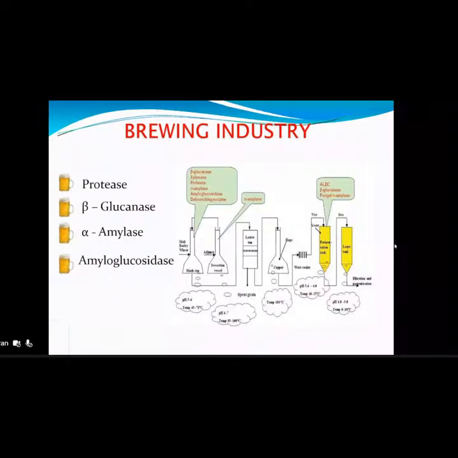Alpha amylase is used to break starch, to convert the complex sugars into simple sugars, right? And amyloglucosidase also acts on amylopectin, a compound of starch, to make it simple sugars, right? So these are the four types of enzymes used in the distillery industry and also in the brewing industry. Next slide.